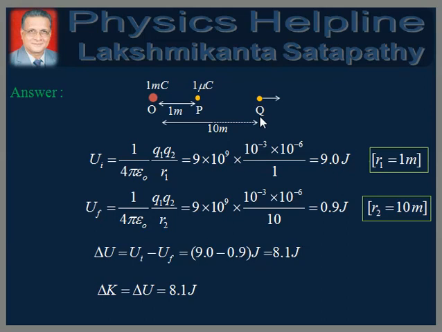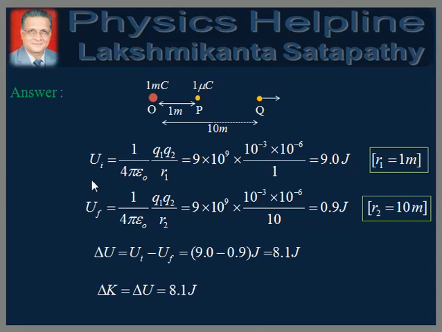As the distance between the two charges increases, the electrostatic potential energy of the system gradually decreases. This loss in potential energy is equal to the gain in kinetic energy of the particle.